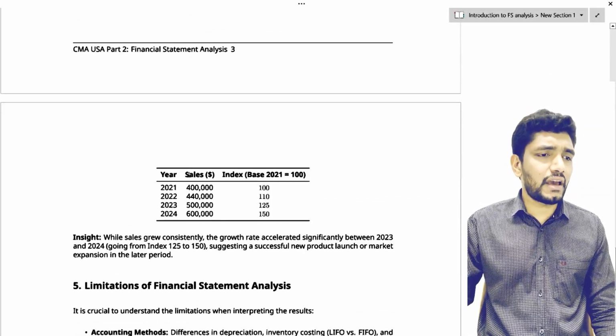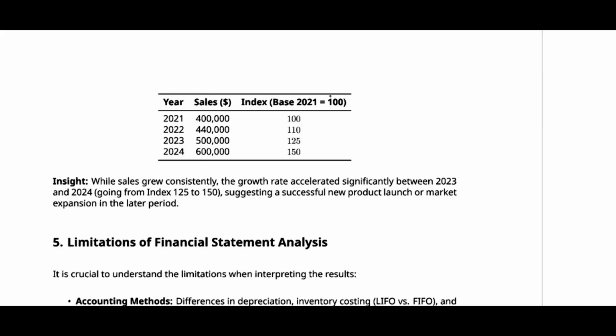So you can see the index analysis here. Here are the sales of a company for 2021, 22, 23 and 24. Here you can see the base year set as 100%, that is 2021, and 2022 is 110%. That means there is a 10% increase here.